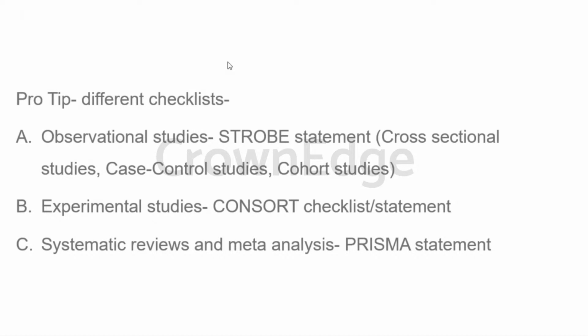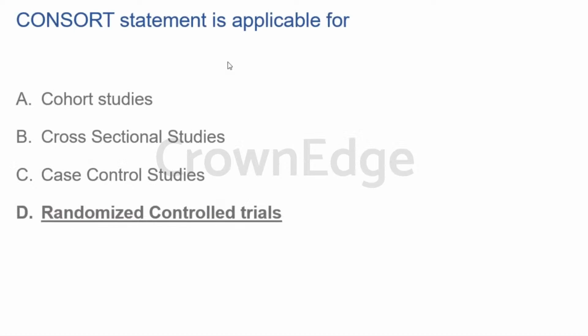For experimental studies we have the CONSORT statement, and for systematic reviews and meta-analyses there is the PRISMA statement. This was a question from your Dental Pulse: the CONSORT statement is applicable for randomized control trials. For cohort, cross-sectional and case control studies, there is the STROBE statement.